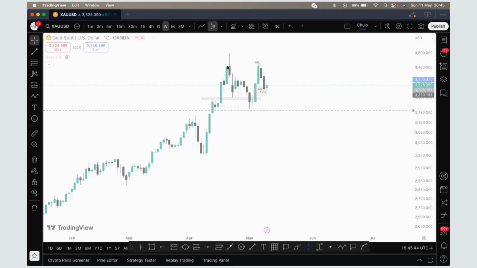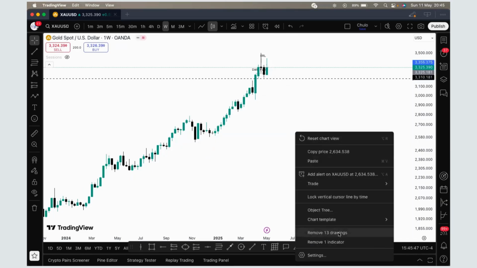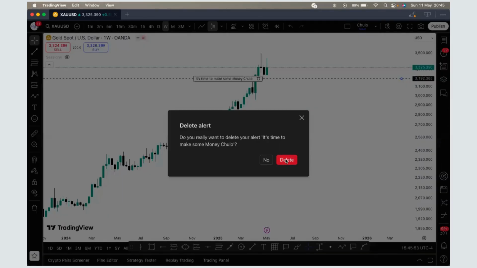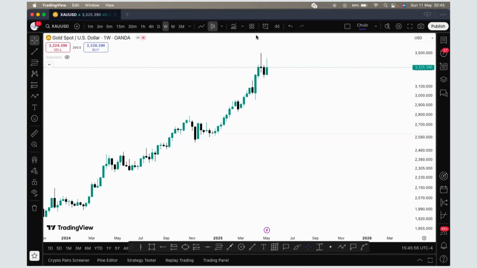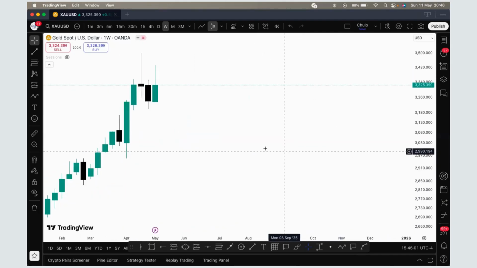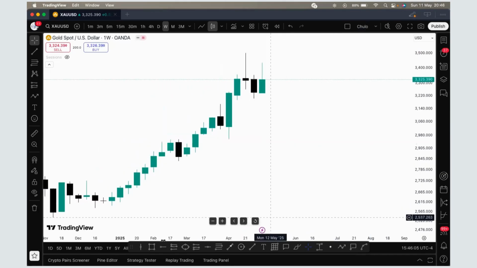From the weekly time frame on gold, I have to remove all drawings and also delete this alert. So here on the weekly time frame on XAU USD, we have 2 points of interest here.